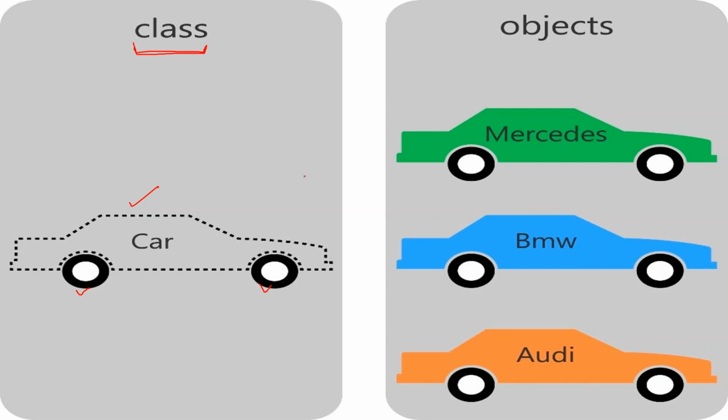Now I have to change the color, and let's suppose I have to change the name or the company. So for that I created the objects. Firstly I use the same design but change its color to green and give it the name Mercedes. I use the same design, change the color to blue and give the name BMW. I used the same design and created this car as orange and gave it a name, right?